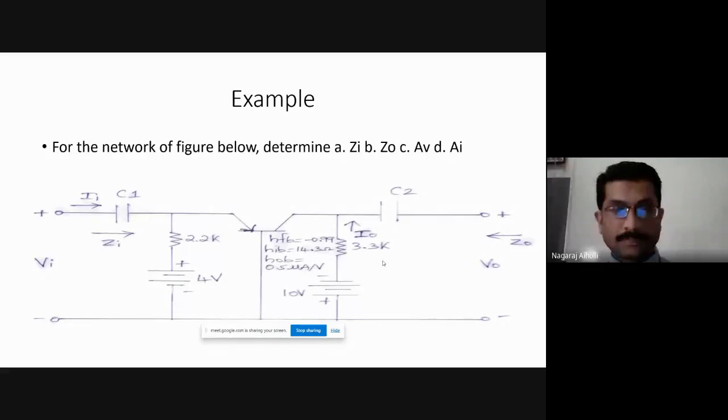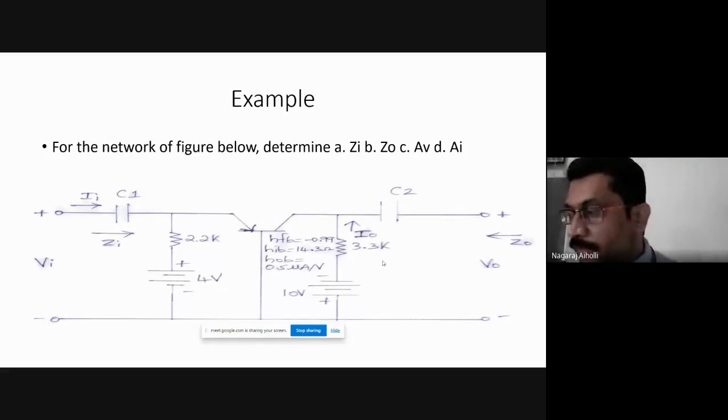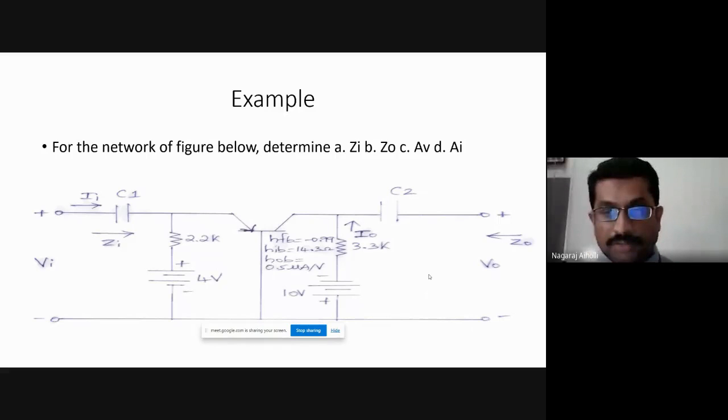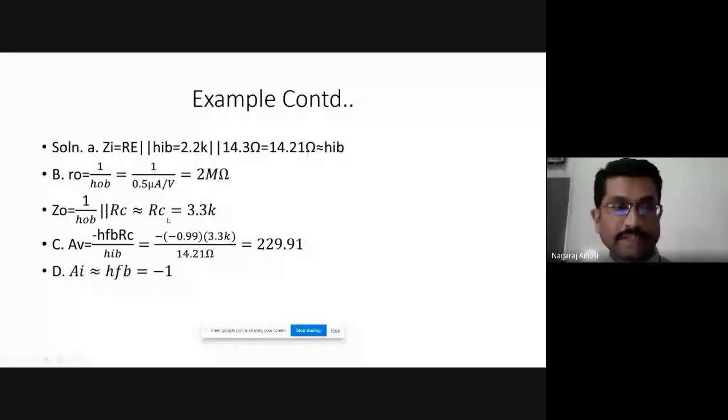It will be almost the same. We get 2 mega ohm only, because 2 mega ohm is a very large value and RC is just 3.3K, very less compared to mega ohm. Therefore, 2 mega ohm parallel with 3.3K will be approximately equal to RC only, that is 3.3K. What I have written: Zo is 1 upon hob parallel RC, approximately equal to RC, that is 3.3K.